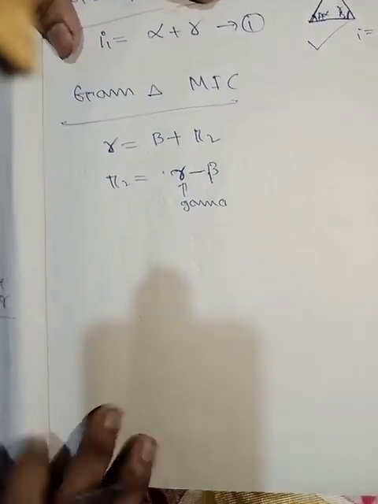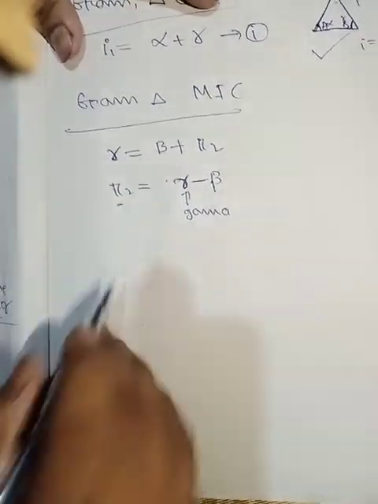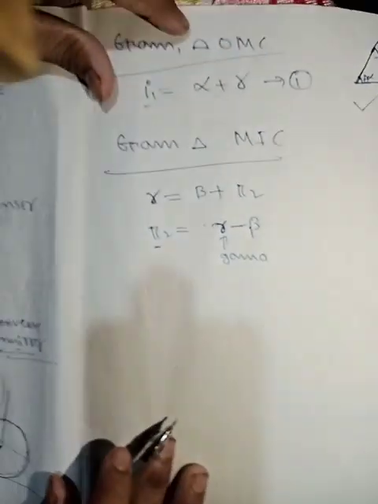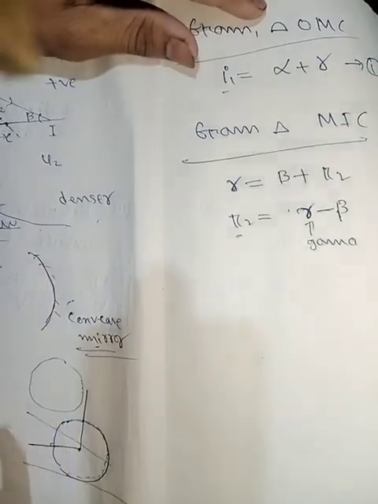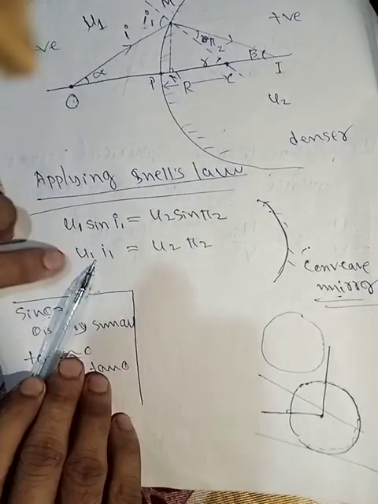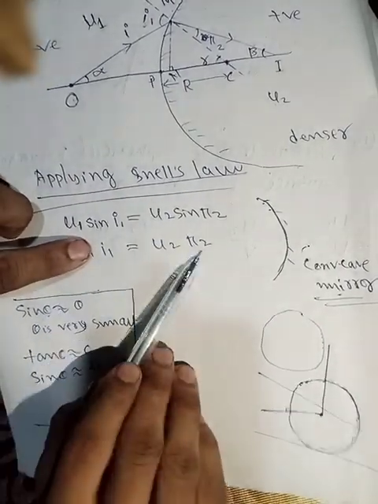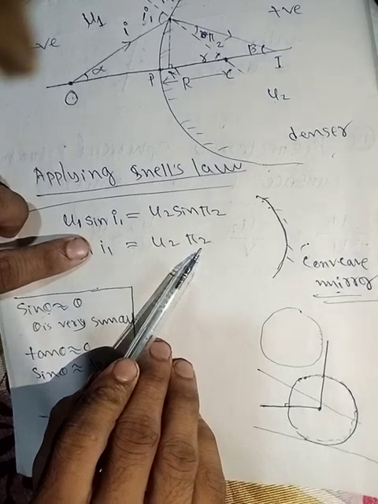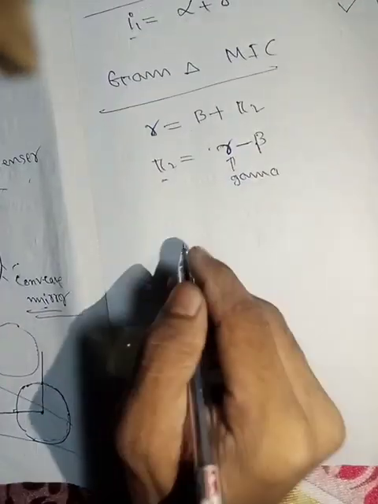So from Snell's law, you can get the value of I1 and the value of R2. Now you need to put in the values.